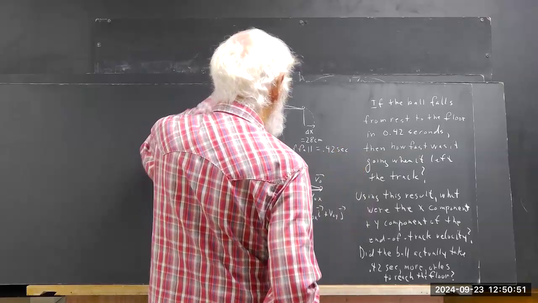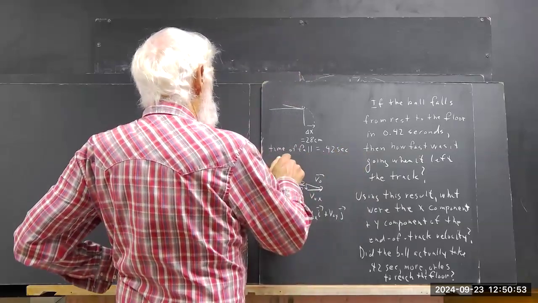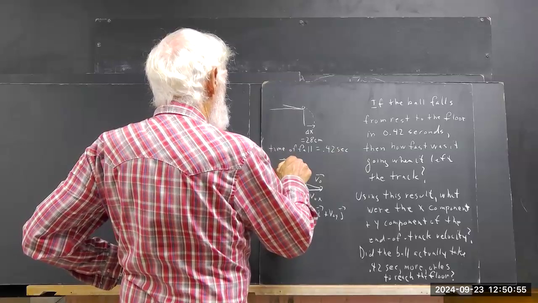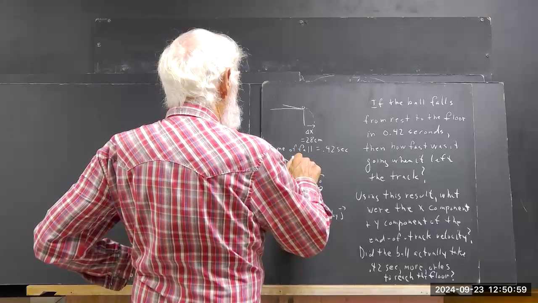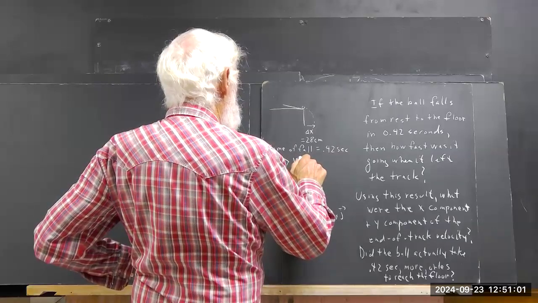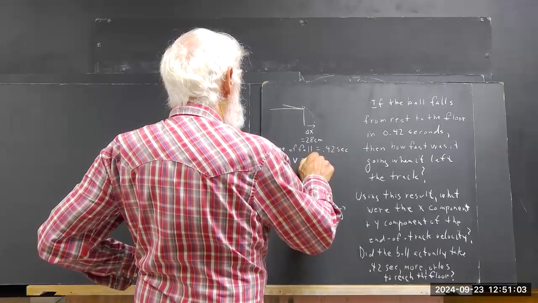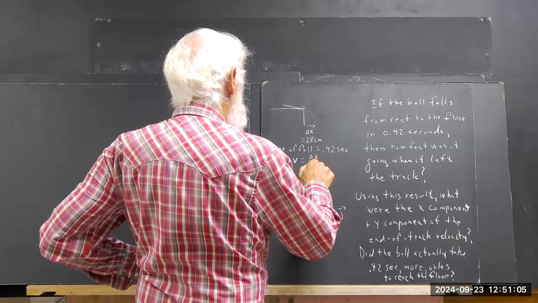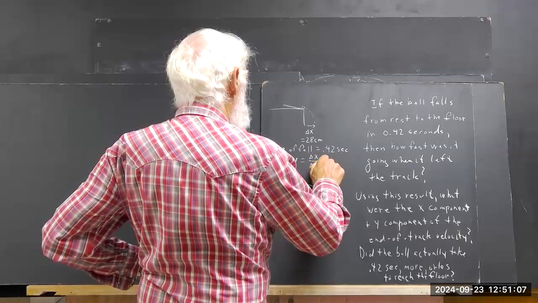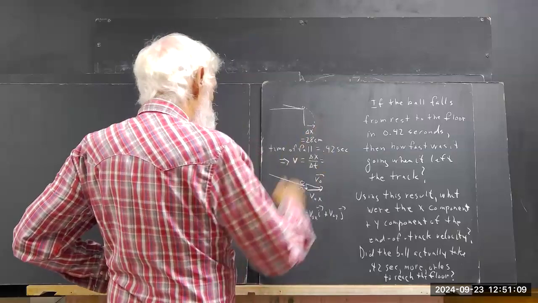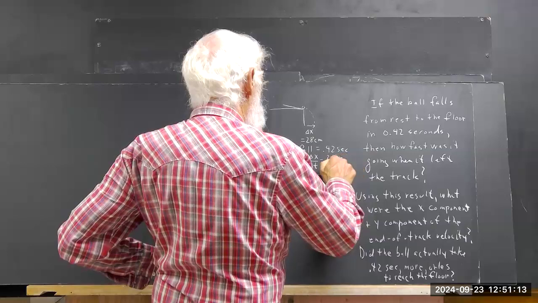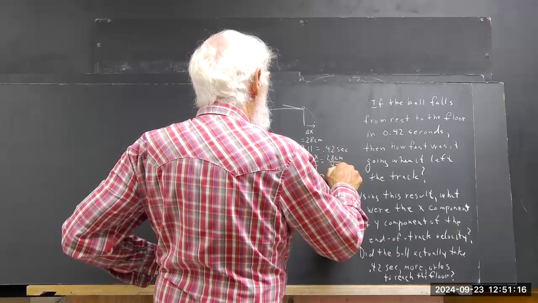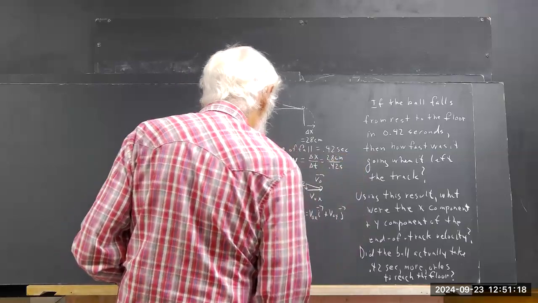The time for the ball is 0.42 seconds. And that implies that the velocity, okay, the change in position over the change in time, is 28 centimeters over 0.42 seconds.